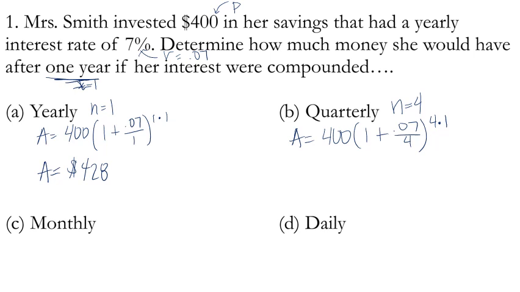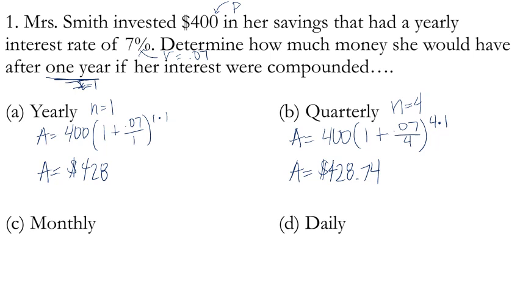If we plug that into your calculator, A would be equal to $428.74 this time. So notice the difference isn't that big, but there is a slight difference. This is only $400. Imagine if this was $400,000. You would make a lot more money based on how the interest was compounded, okay?